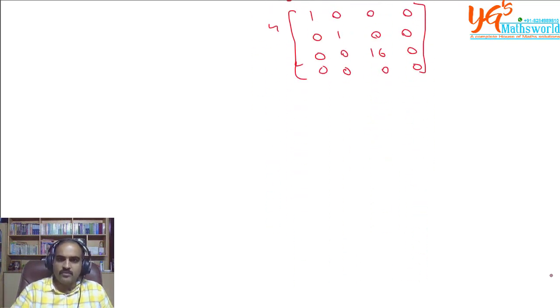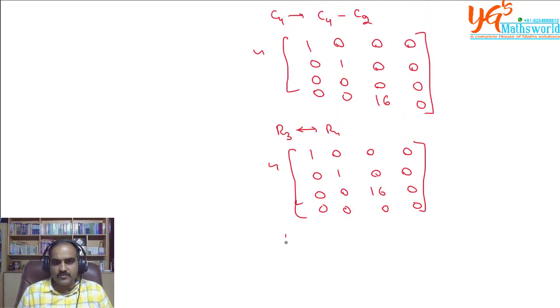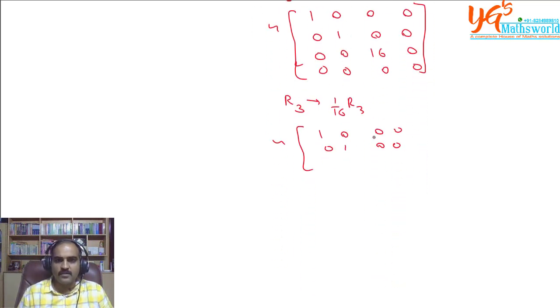Okay, now the next step is to divide it by 16. So it will be 1, 0, 0 and 0, 0, 1, 0 and 0, 0, 0, 1, 0 and then 0, 0, 0 and 0. So it is of the form, now this is our I3.